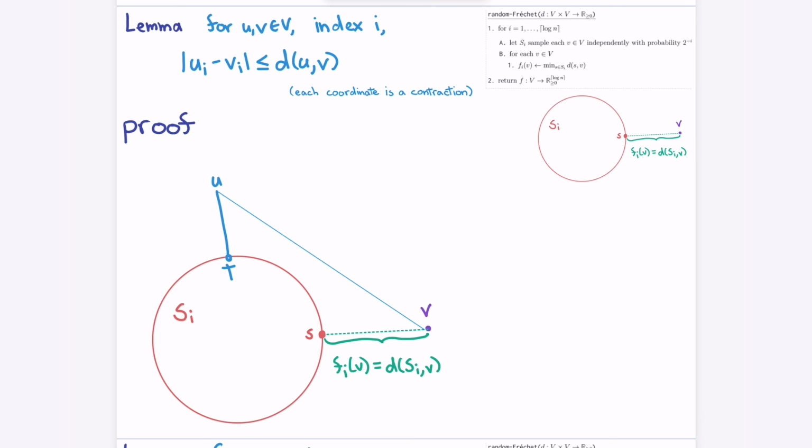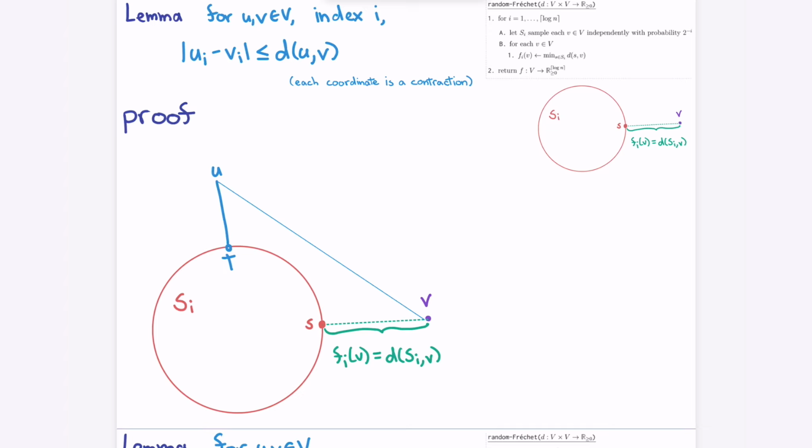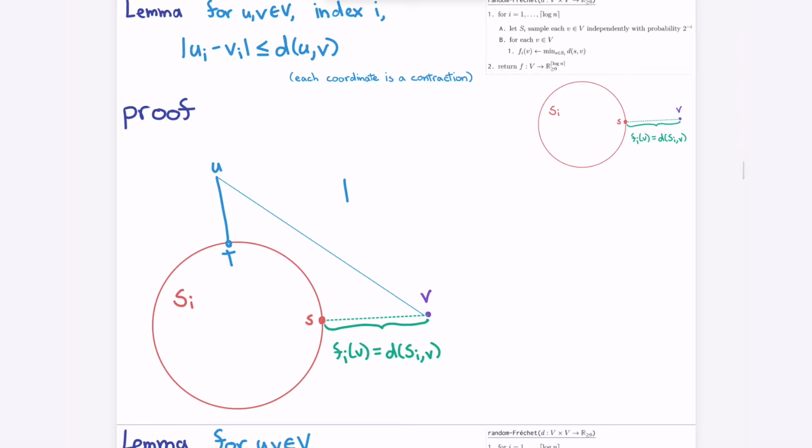Oh, okay. How can I use the triangle inequality? Let's say that T is the closest thing to U and S is the closest thing to V. So I'm really looking at something like d(T,U) minus d(S,V).